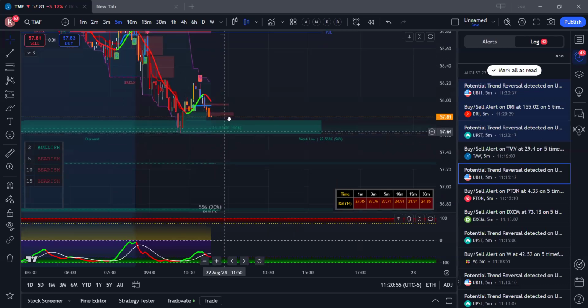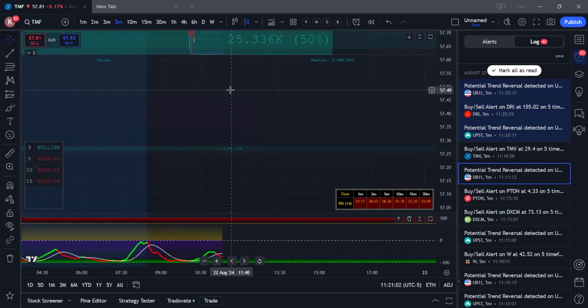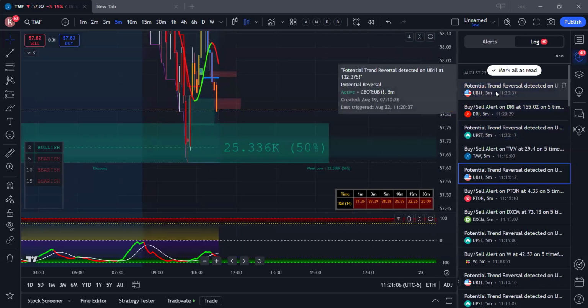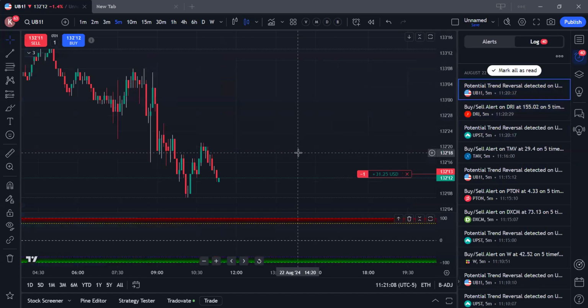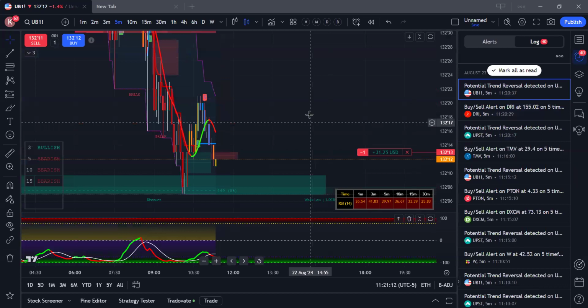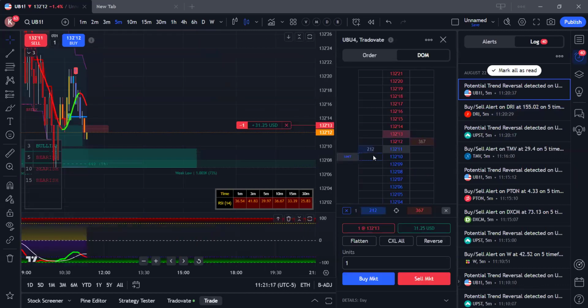If it breaks this support, then it can go all the way till 57.3. But there is a big buy order block. So if I'm right, it is nearly $62 profit now.